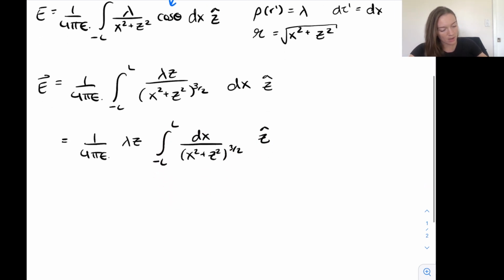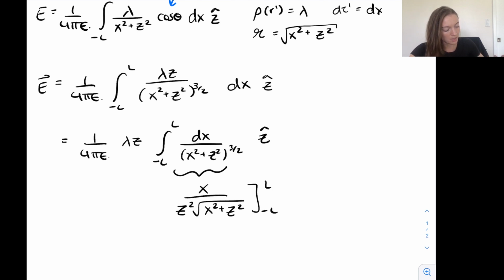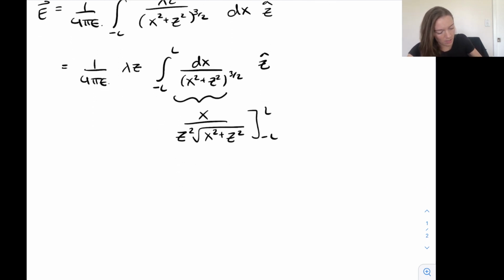So this comes out to x over z squared times the square root of x squared plus z squared. And we evaluate it from negative L to L. Okay, so then this will all come out to, we have our lambda z over 4 pi epsilon naught out here.